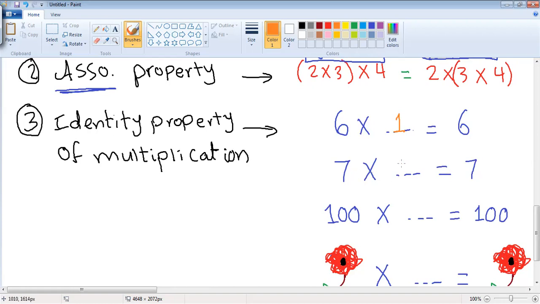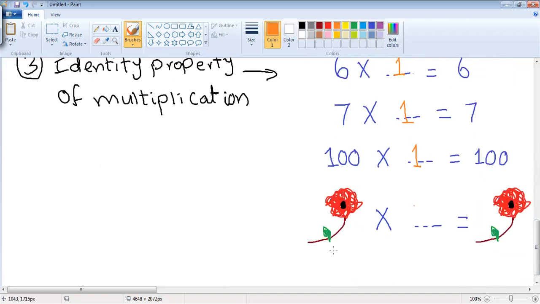If you say 1, your answer is right. 100 times what number is equal to 100? 100 times 1. Oh, every time I got 1 in the empty place. Even if I multiply flour by 1, I will get flour in the answer.